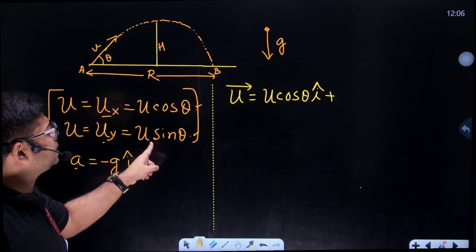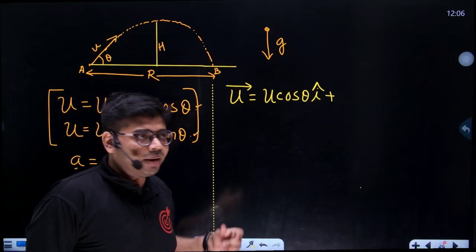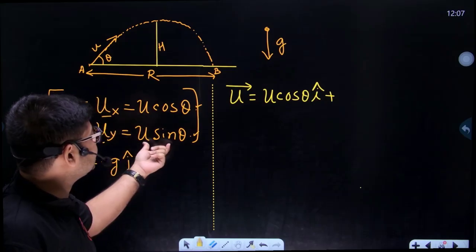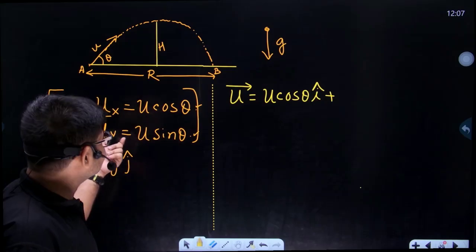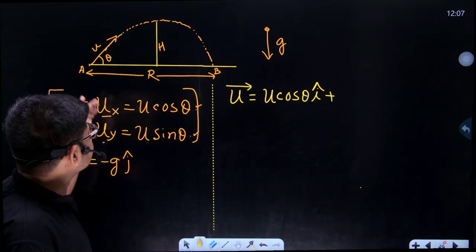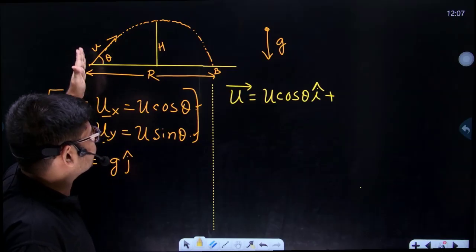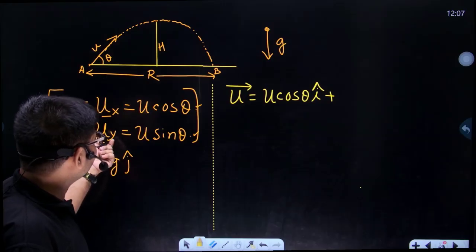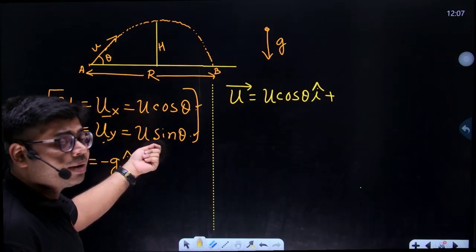Initial acceleration is u sin theta. But sorry, not the acceleration, I'm sorry, initial velocity is u sin theta. This is the initial velocity along the y axis. अभी हम लोग y axis के बारे में सोच रहे हैं. So uy is nothing but u sin theta.